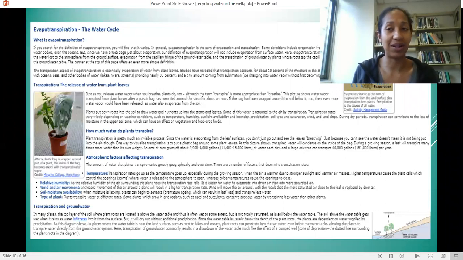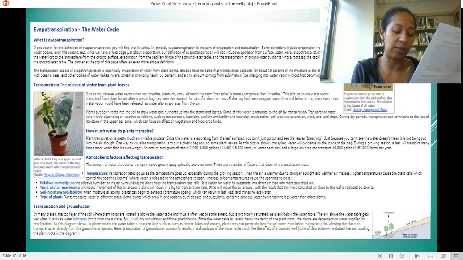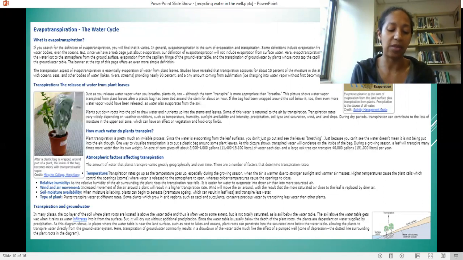So I will say, well, plants transpire. This picture shows water vapor transpiring from plant leaves after a plastic bag has been tied around the stem for about an hour. If the bag has been wrapped around the soil below too, then even more water vapor will be released as water also evaporates from the soil.